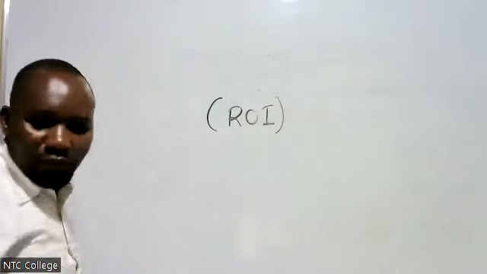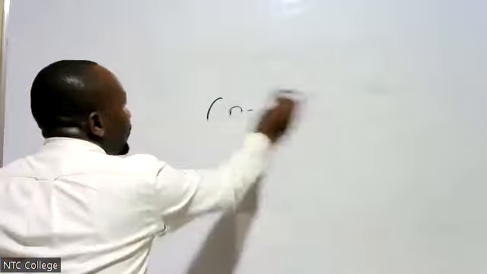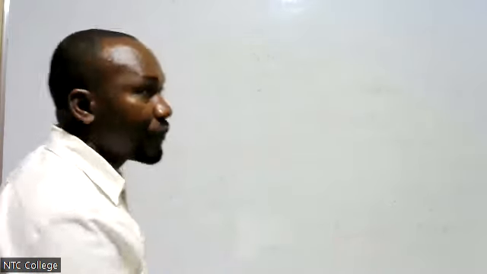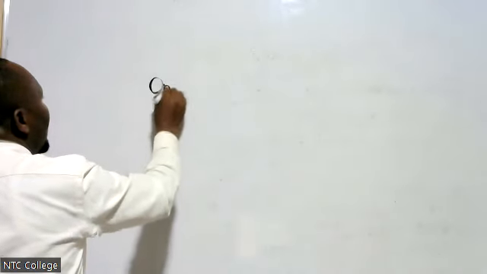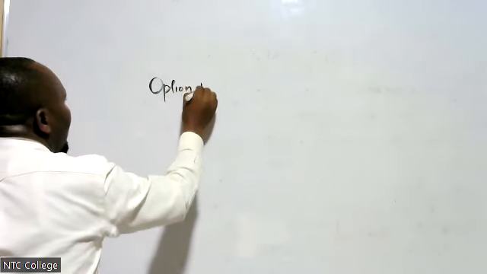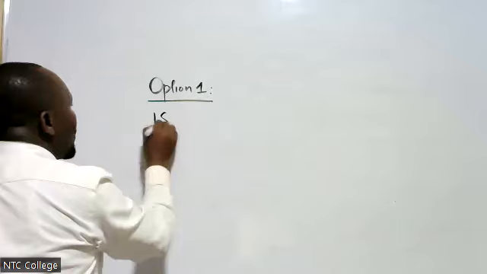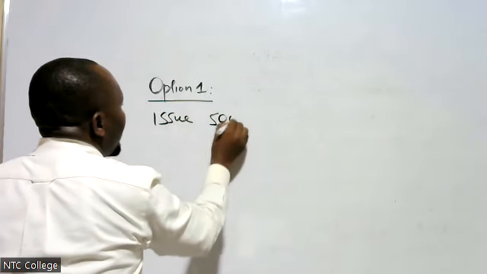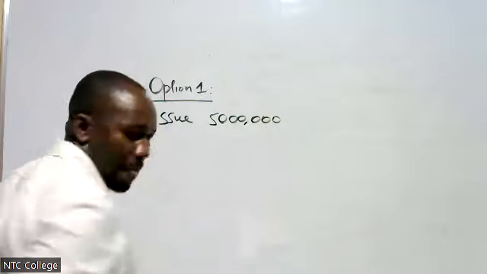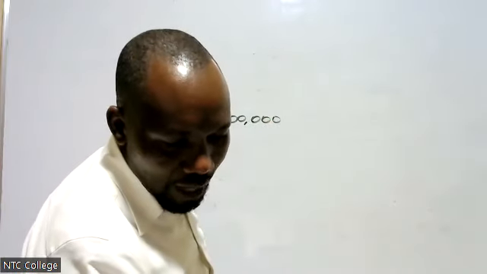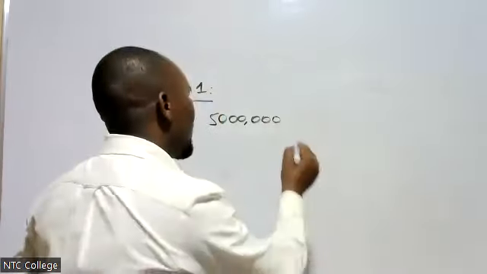Option number one: issue 5 million ordinary shares at par value of 10 shillings each.